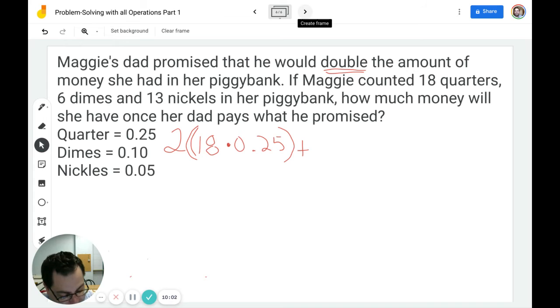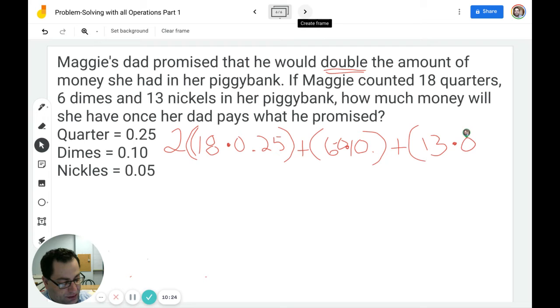She also has 6 dimes multiplied by 0.10. And finally, she has 13 nickels, which is going to be multiplied by 0.05.